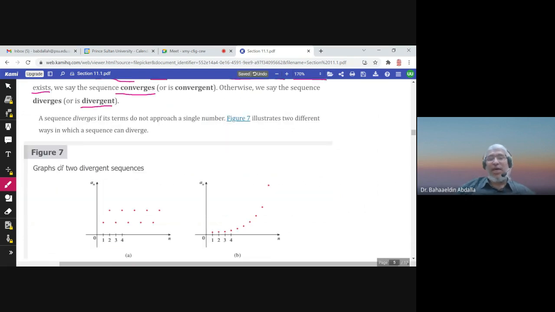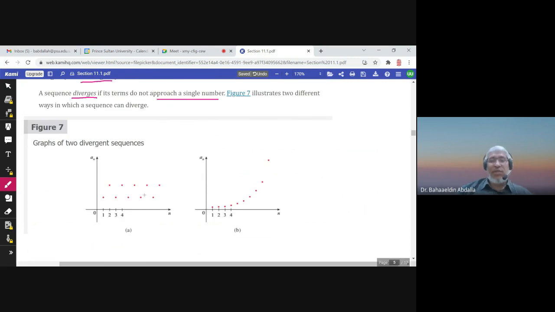A sequence diverges if the terms of the sequence do not approach a single number, unlike the previous sequence, which approaches one single number. So for example, here, this sequence at one term is one number, at another term another number. For example, 1 and 2.